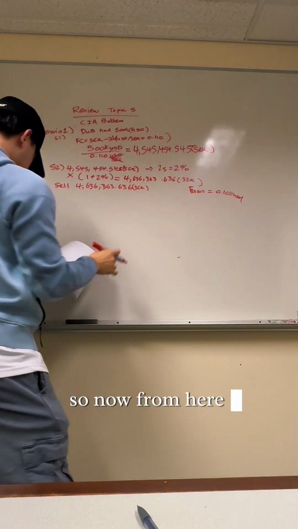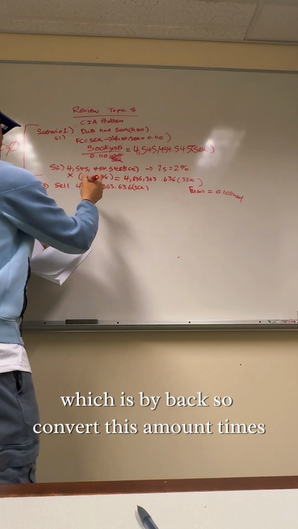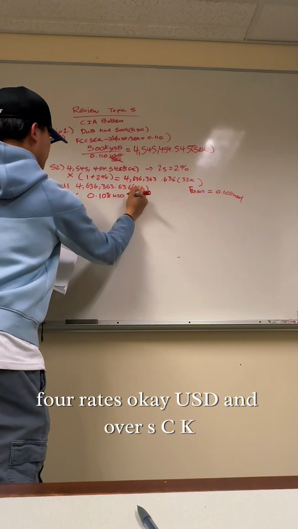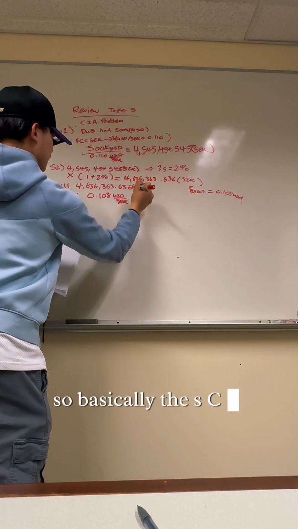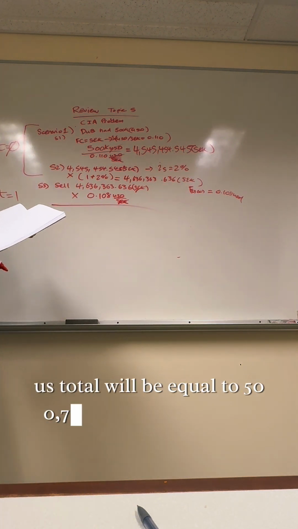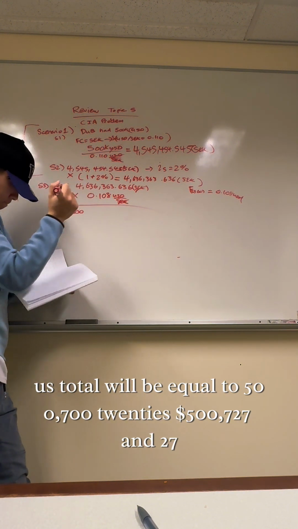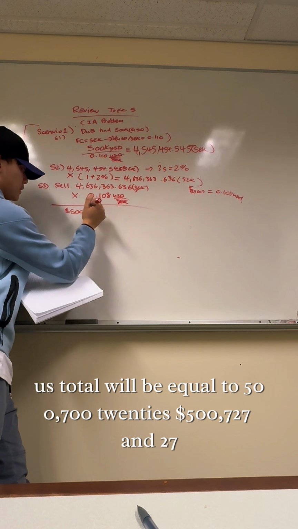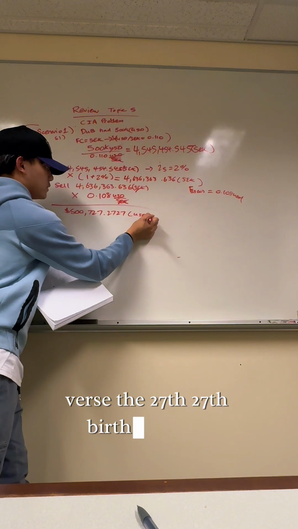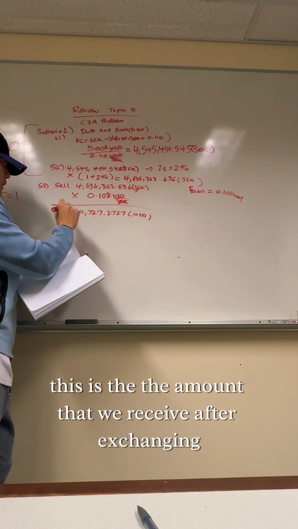So we convert this amount by multiplying by the forward rate, USD over SEK. The SEK cancels out, and our new US total is $500,727.27 USD. This is the amount we received after exchanging.